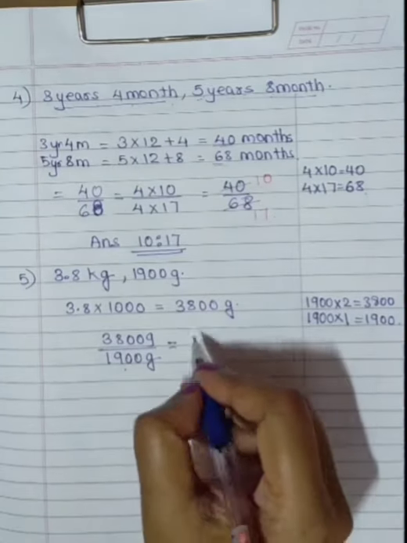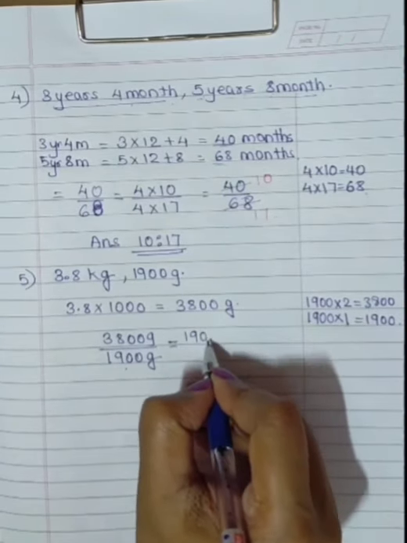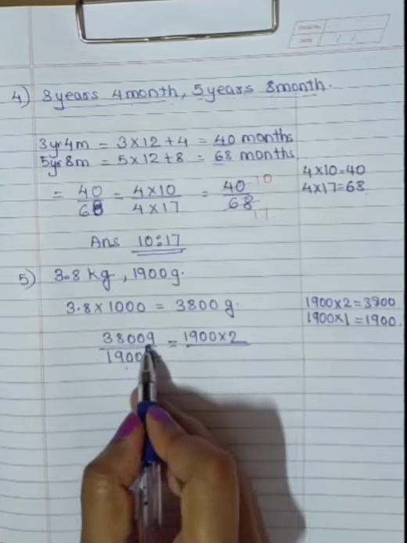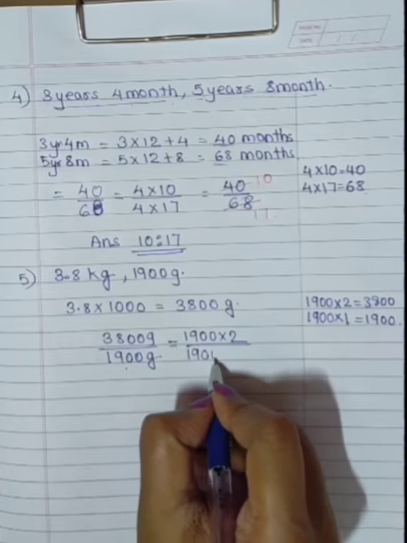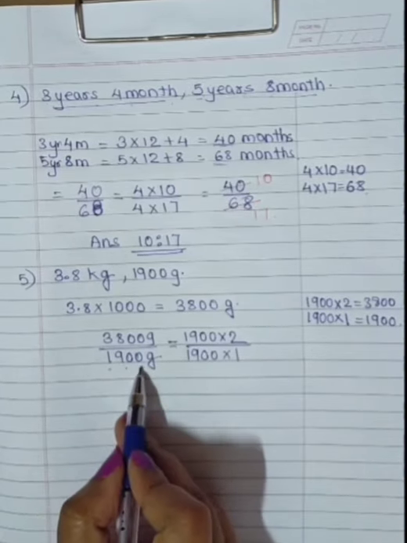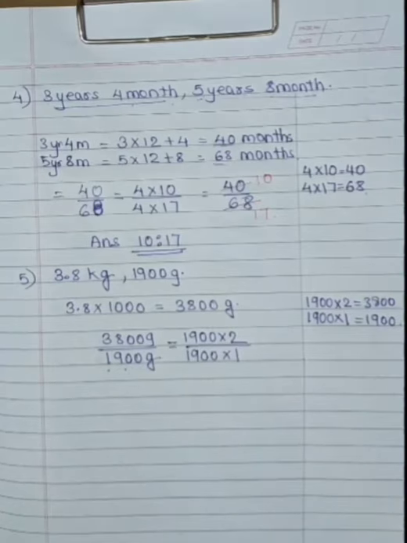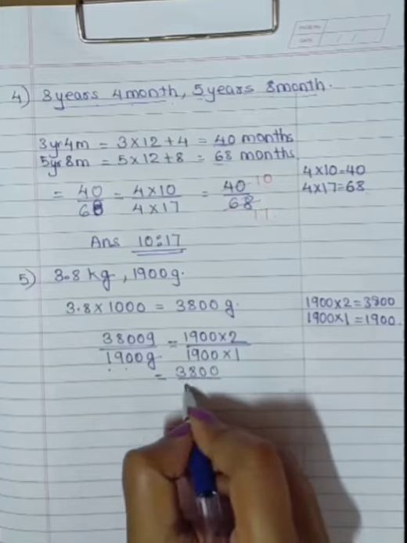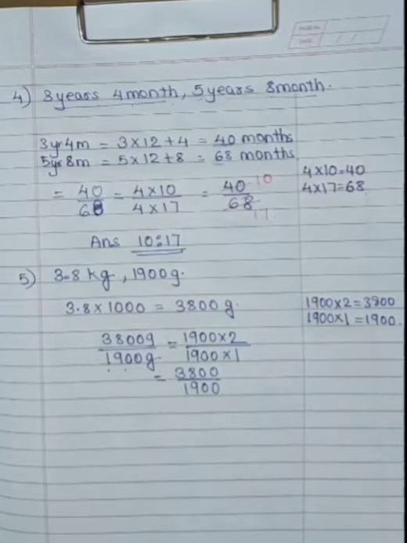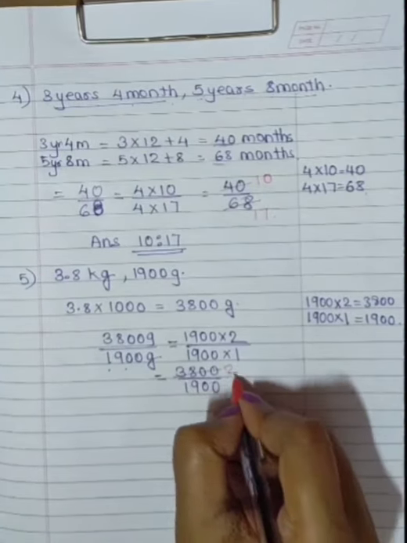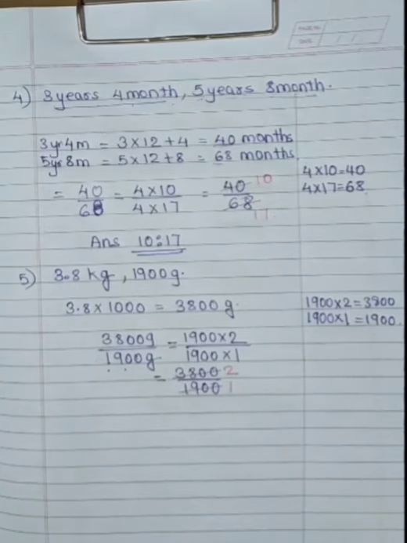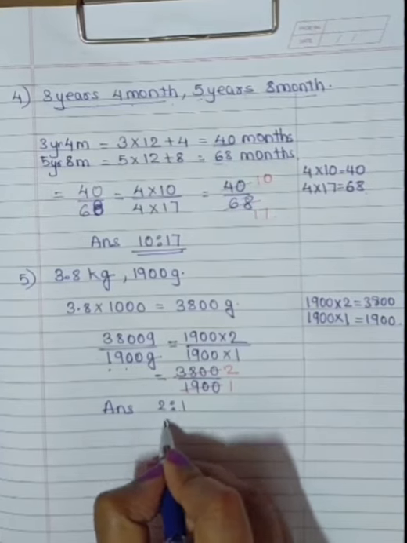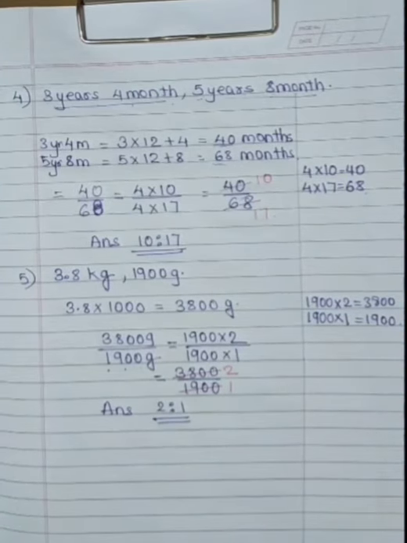Now what we will do, we'll write directly 1900 when we multiply with 2 will get 3800, and 1900 multiplied by 1 will get 1900. So we can show this in direct form also. So I am writing here 3800 upon 1900 and directly 2s and 1s. So the answer we have to write in ratio form, that is 2:1. I hope you are understanding.